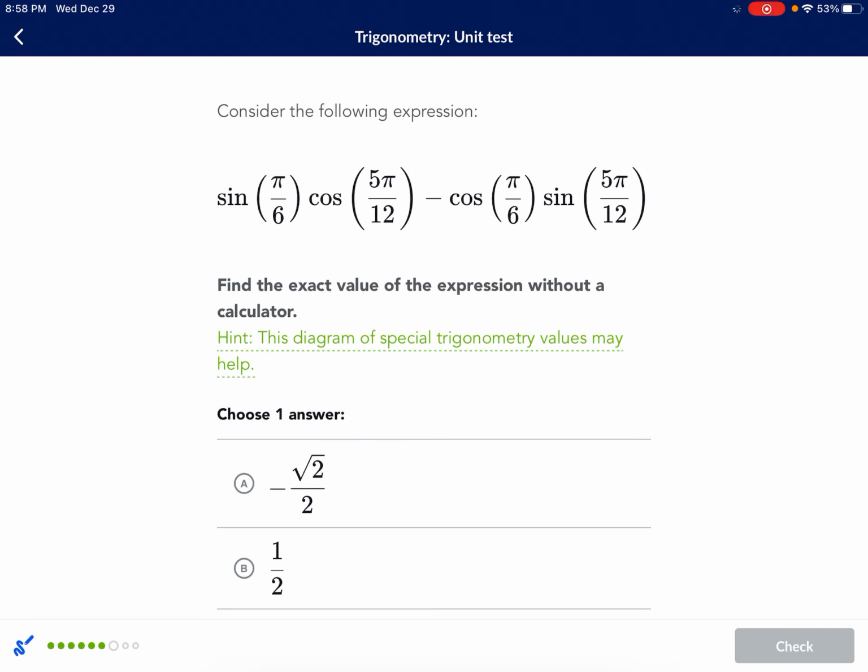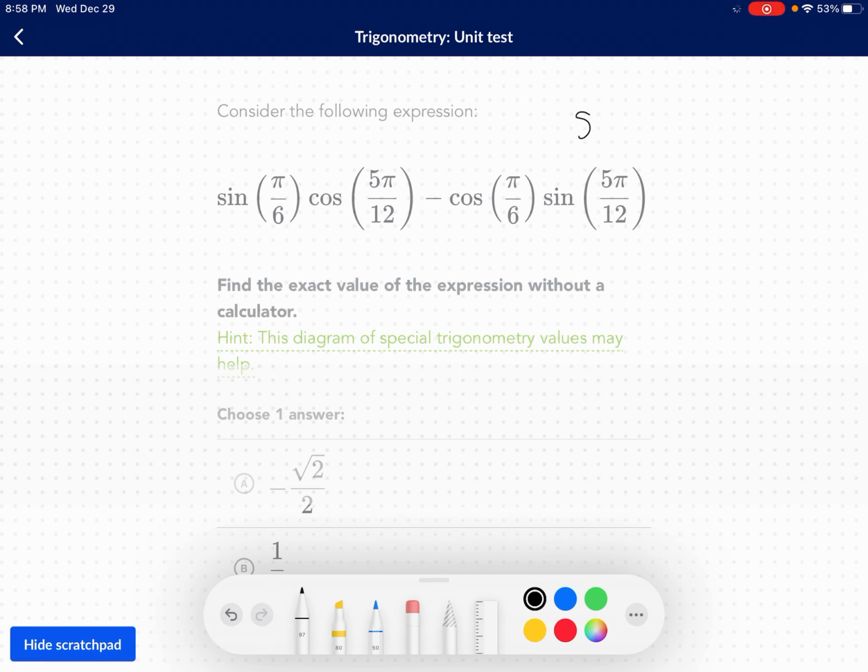Okay, this looks to be a sine identity, where sine a plus b equals sine a cosine b plus sine b cosine a. Oh, so this is negative, because the sign here is negative.